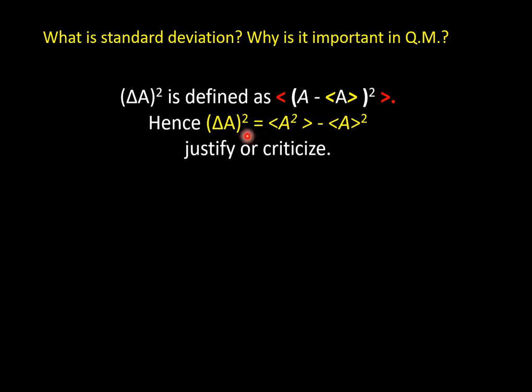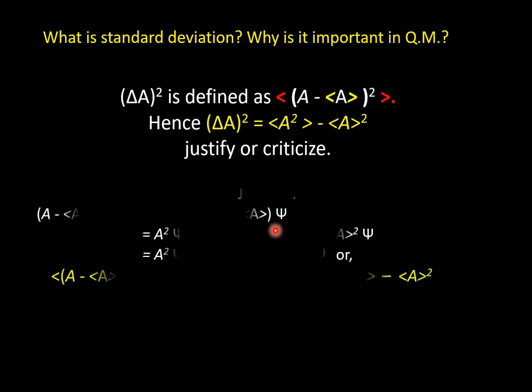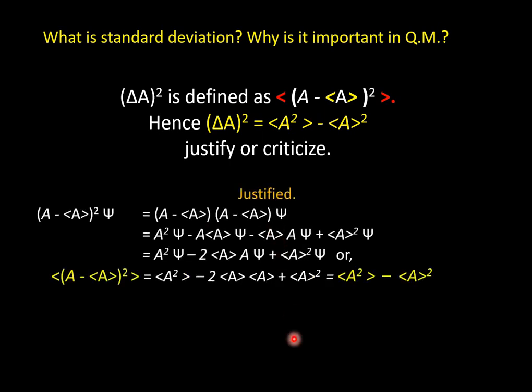That means there is no standard deviation, no spread of the distribution. So delta A would be 0. Is this expression justified? Of course, it is justified. You can explore on your own, but the definition that we start with actually gives you A square average minus A average square. Usually we use this formula.